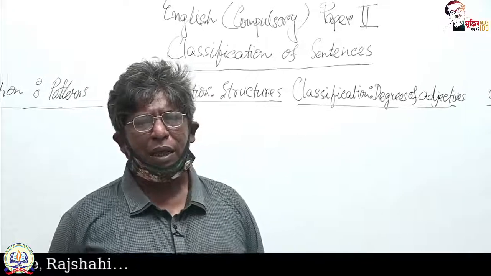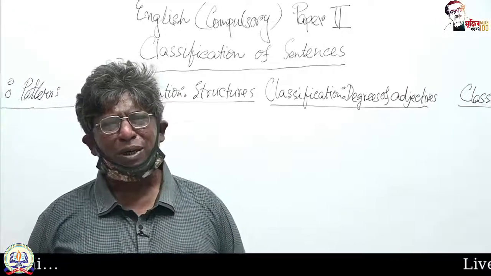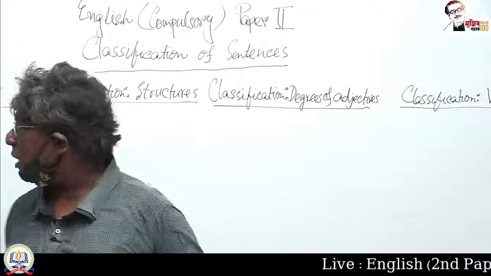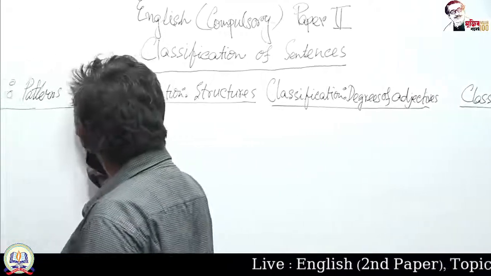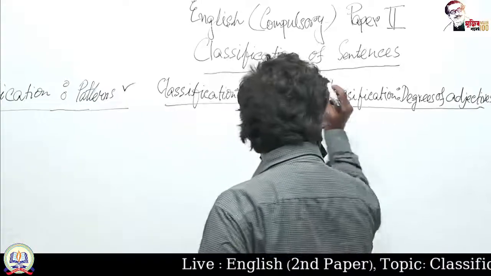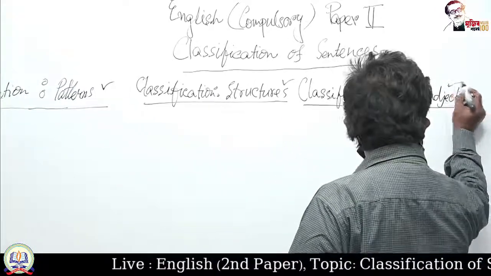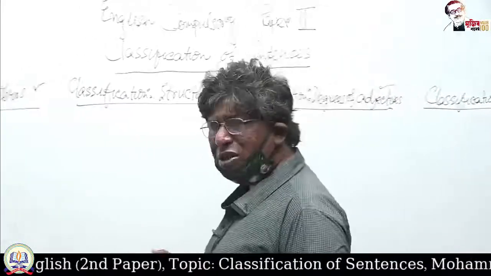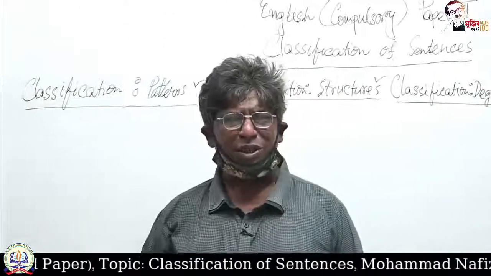Well, we classify English sentences on the basis of their patterns, structures, on the basis of their degrees of adjectives, on the basis of the nature of the finite verbs in the sentence.